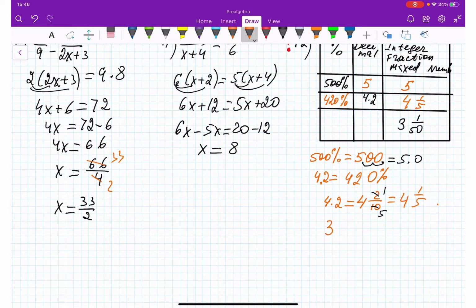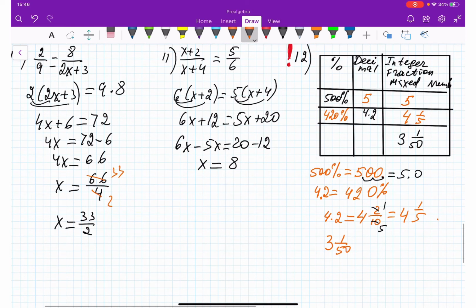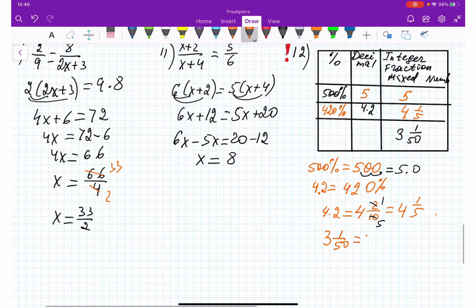Now the third one, 3 and 1 over 50. To get percentage, I have to go through decimal. Let's convert to decimal first of all. This 3 is a whole number, we leave it alone. 1 divided by 50, you're going to get 0.02. Let me divide. It's going to be 0, whole number. Adding another 0, 10 by 50, again 0, 100 by 50 is 2, 0.02. And with the whole number 3 it will be 3.02.